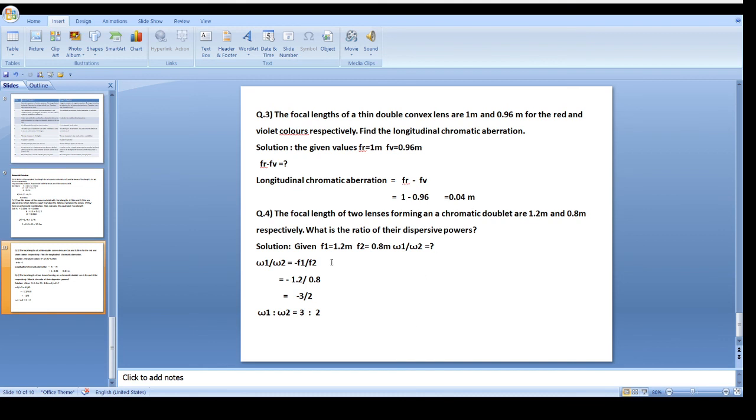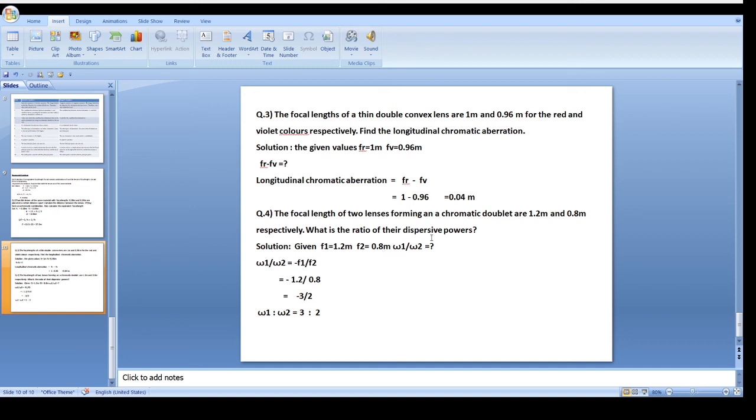Next question. The focal lengths of two lenses forming an achromatic doublet are 1.2 meter and 0.8 meter respectively. What is the ratio of their dispersive powers? Given F1 is 1.2 meter and F2 is 0.8 meter.